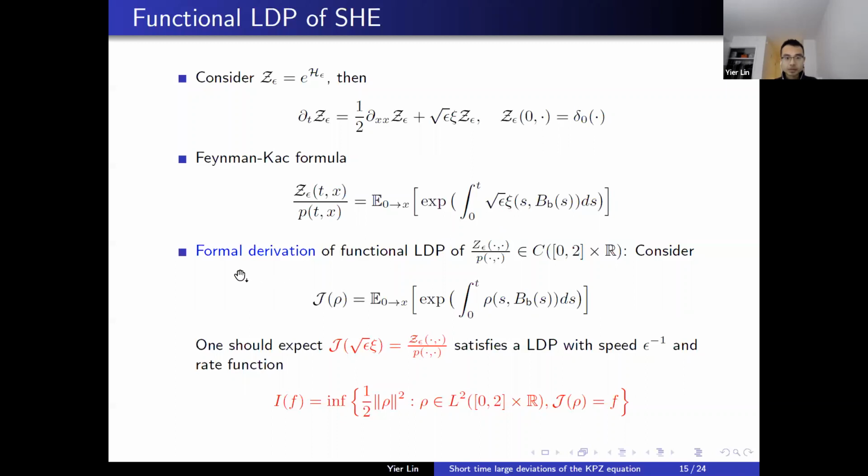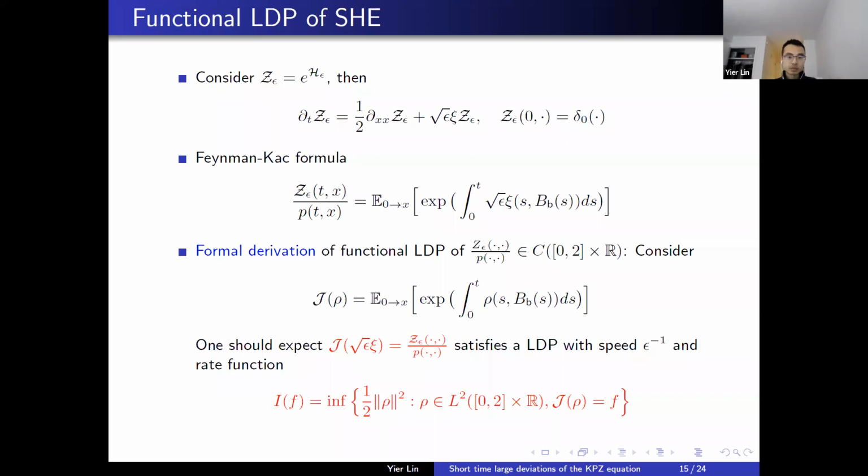So the formal way to derive the functional LDP of the stochastic heat equation is to consider this expression, and let me denote the right hand side as J of rho. Then for the stochastic heat equation, you just replace this rho by root epsilon times the noise, so it's J of root epsilon times the noise. We know that for space-time white noise, multiplied by root epsilon, it will satisfy a large deviation principle.